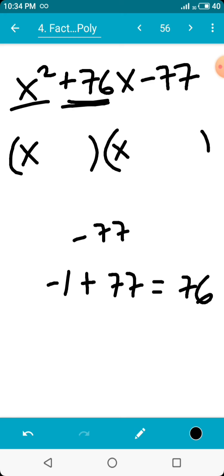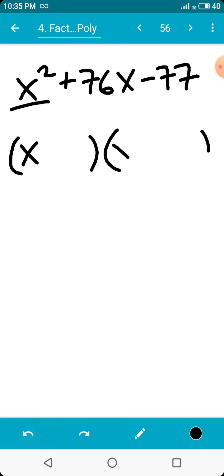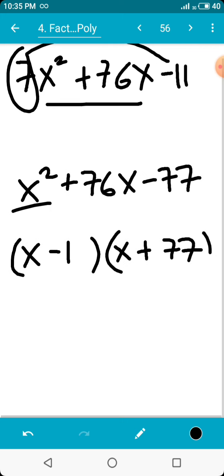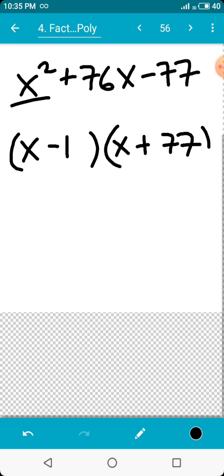So, eto na siya. Yung nasa gitnang term. Okay? So, ibig sabihin, yung hinahanap nating factors ay negative 1 and positive 77.